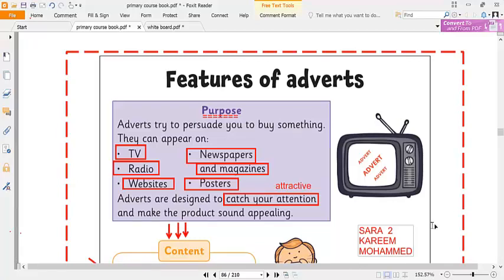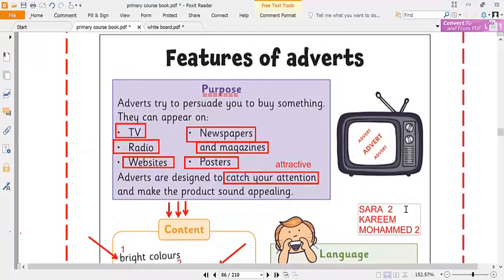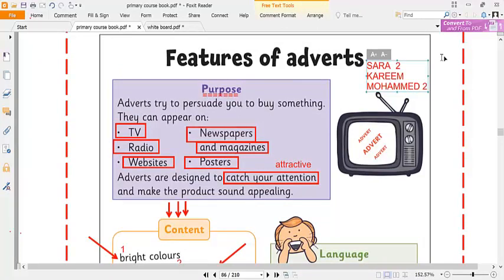Okay. Bright colors, attractive layout, pictures of the product, facts about the product, how to buy, customer reviews, and special offers. Exactly. Thank you.